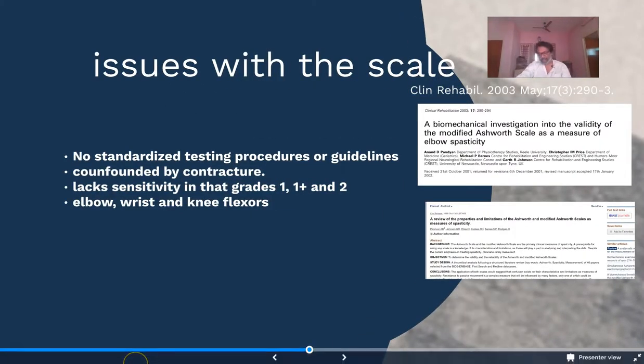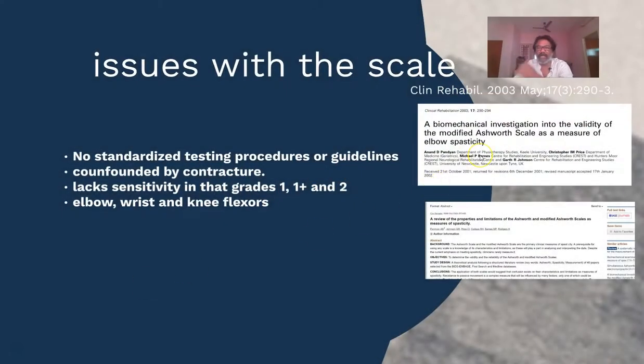So what else is an issue? One of the earlier people to raise these red flags was a person called Pandyan. He's from Keele University. He wrote extensively about the properties of the MAS, that is your modified Ashworth scale.